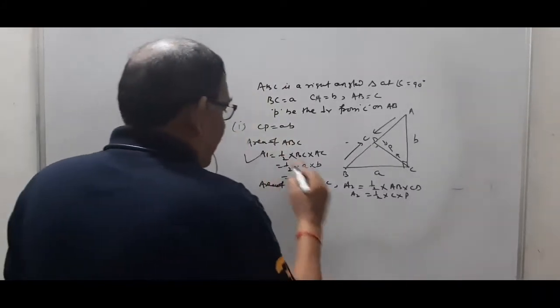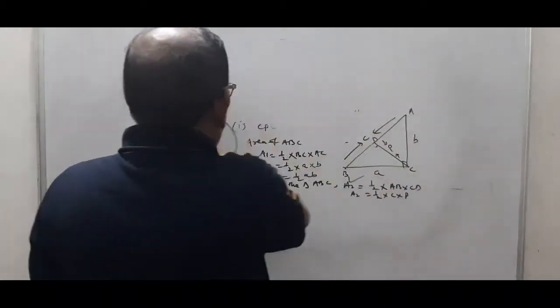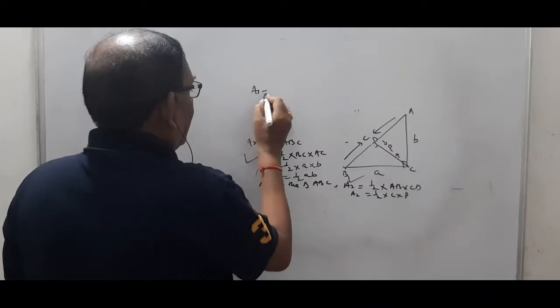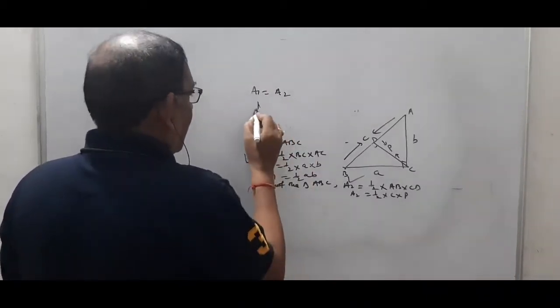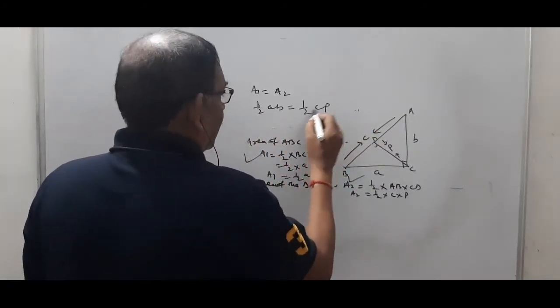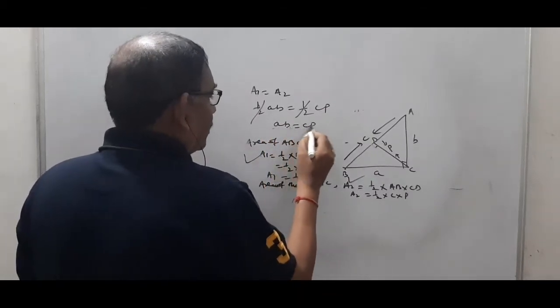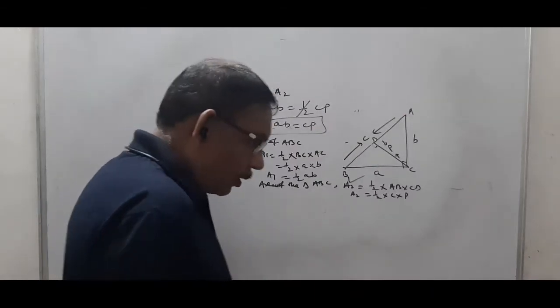Now these two areas are equal. Here A1 equals A2. A1 is half AB, A2 is half CP, cancelling the factor half, so AB is equal to CP. Okay, so one bit is proved already.